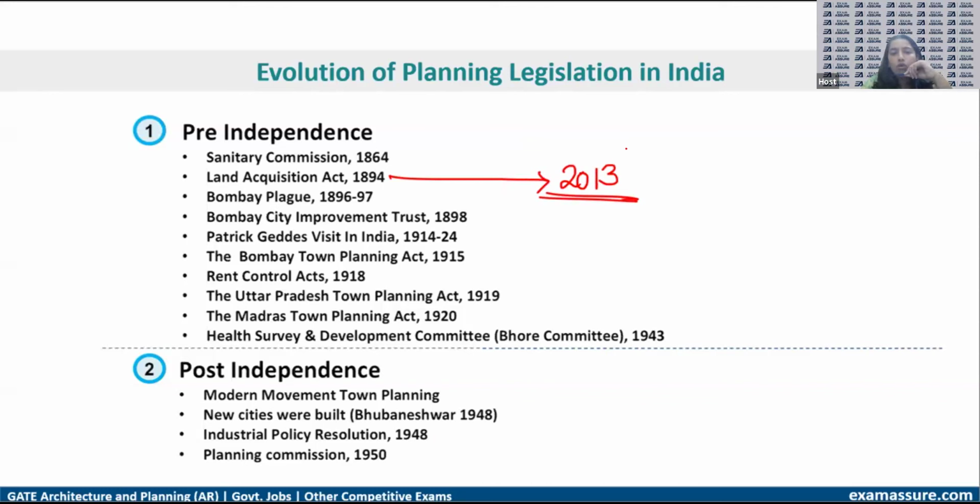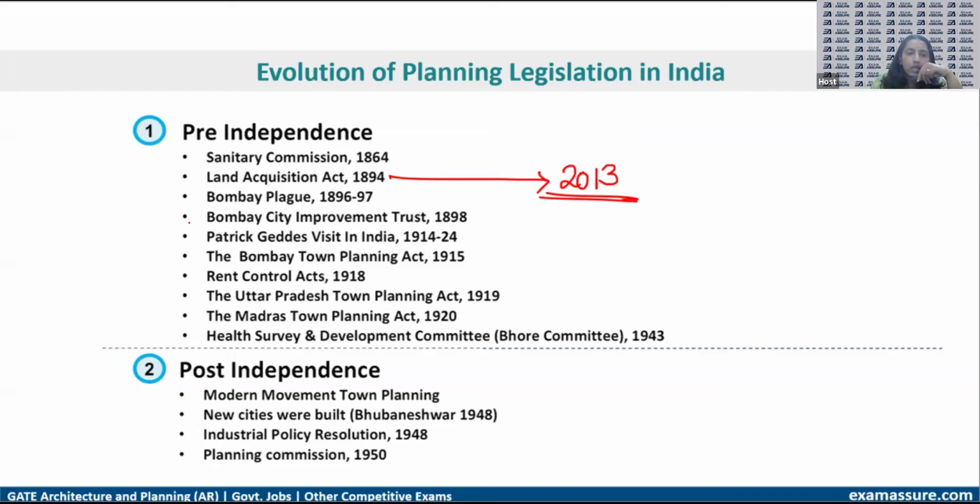If you see, post-independence it is more about new cities, new towns being built, for example, Chandigarh, Bhubaneswar. Along with that, the Planning Commission came into the picture, right? Where you have various five-year plans that were being formulated. So this is a brief of your evolution of planning legislation from the exam perspective.